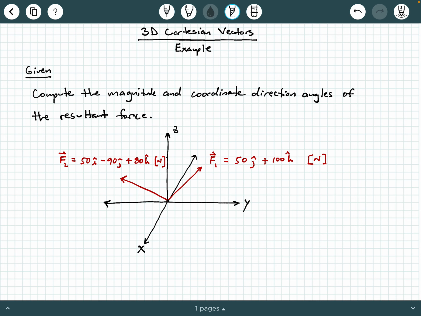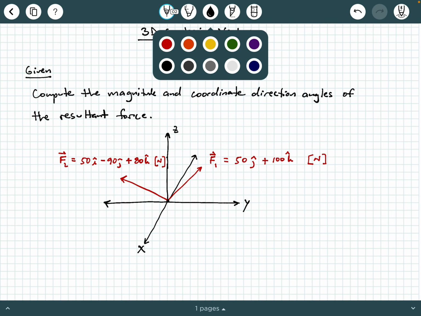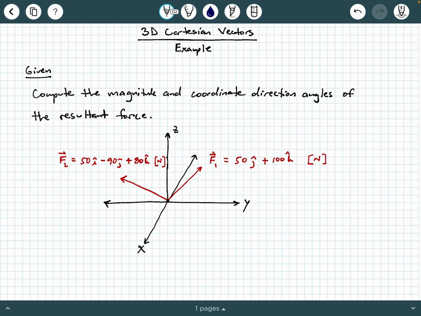As we start to analyze this, I'm going to do a little bit of projecting for F2. Whenever we have all three dimensions engaged, like we do with F2, it's important to be able to visualize this nicely. So I'm going to take the blue ink here, and project F2 down to the XY plane, and show that it has an x and y component like so.